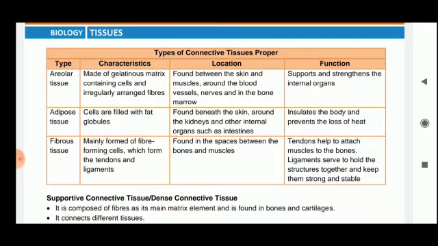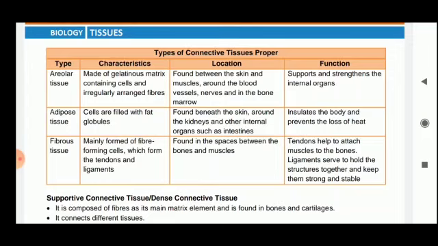Now move to the second type, adipose tissue. Adipose tissue cells are filled with fat globules. So whenever you hear the term adipose, just think that it is talking about fat. The cells of this tissue are filled with fat globules, and the location is beneath the skin.